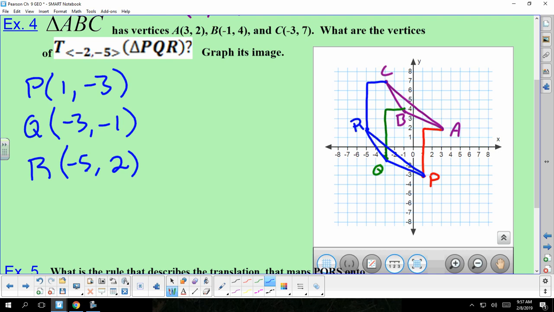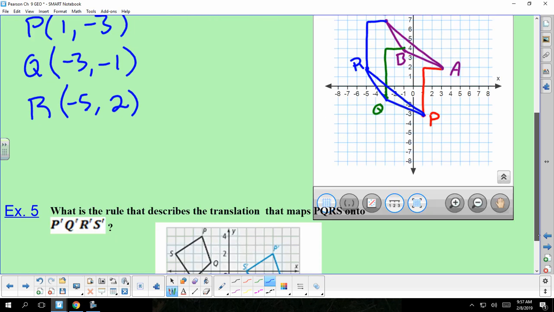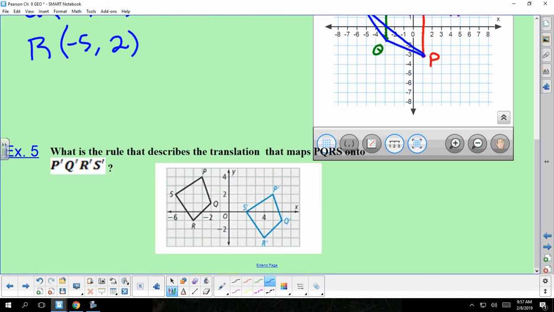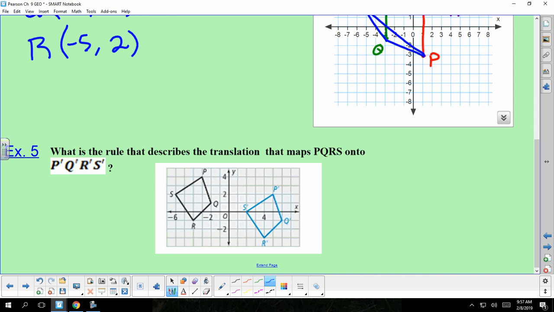All right, the last one. What is the rule that describes this transformation? And a few other things for notation.